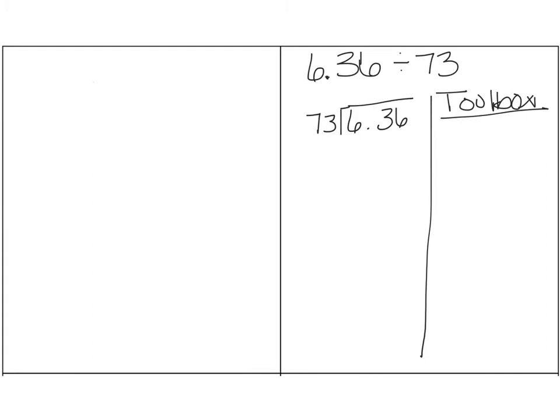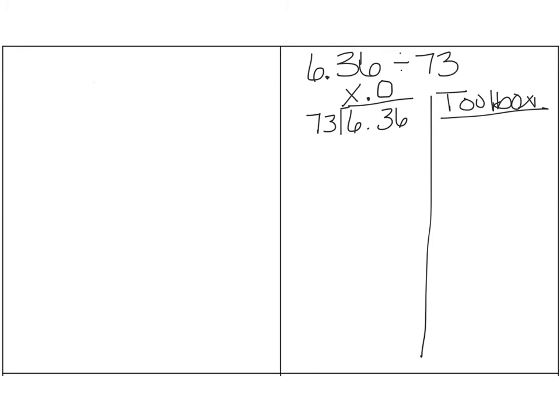Well, 6 is too small and 73 is too big, so I need to put an X. I'm going to add my decimal now so I don't forget it. Now I need to think of it as 63. Can I do 63 divided by 73? Well, 63 is still too small and 73 is still too big. So instead of an X, I'm going to put a 0 because it's after the decimal point.